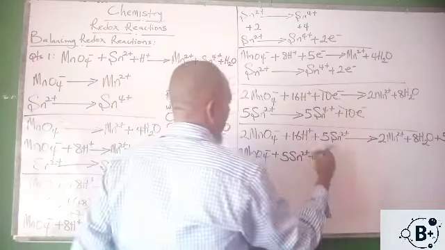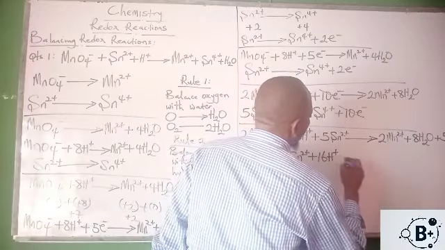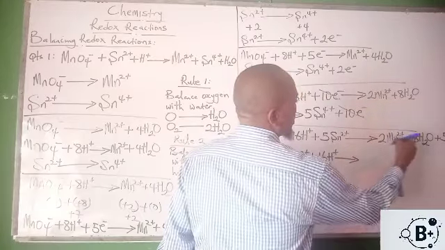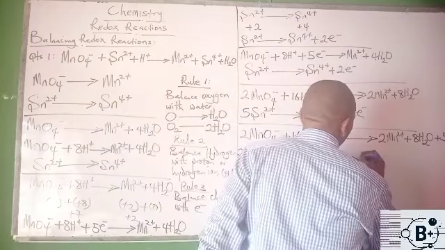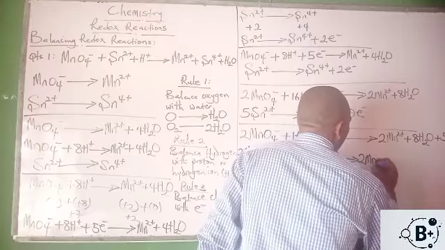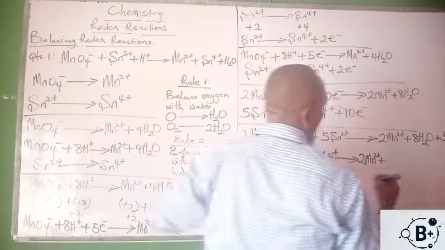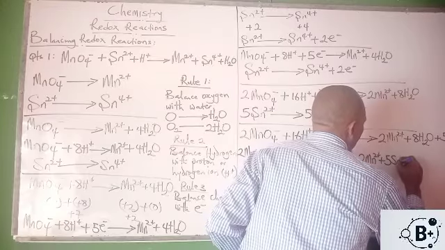So I'm writing 16H+, which gives the manganese ion next, 2Mn2+ plus, the next thing is the tin. So I'm writing 5Sn4+.